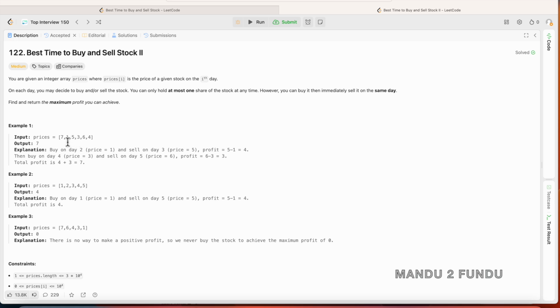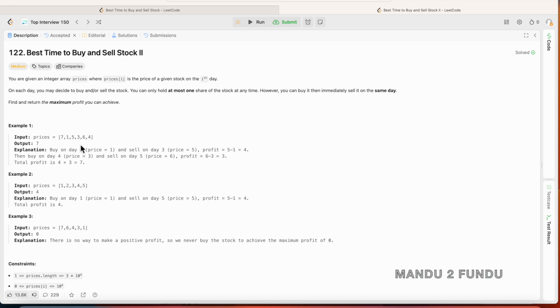We can make a profit, so we accumulate that profit, and we buy the stock on the same day, and we check the price the following day, which is less than the current price. So we will be losing money here, so we sell it on the same day.